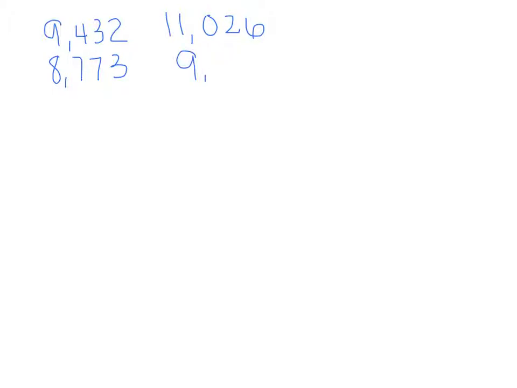There were 6 counts, so 9,432 stems per acre, 8,773, 11,026, 9,868, and last but not least, or no, I guess there are two more, 10,539 and 10,247. So these were the 6 sample data points they got for the samples that they collected on the forest.